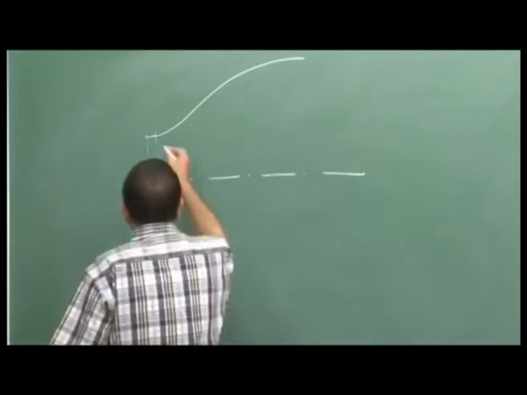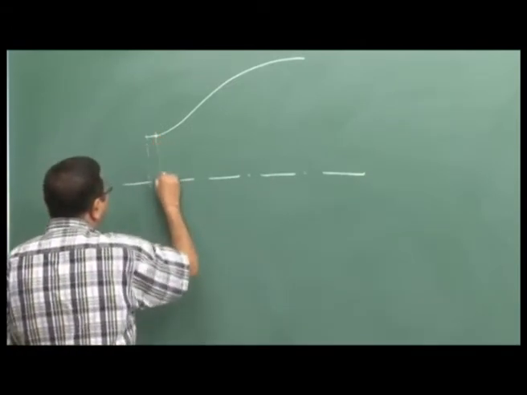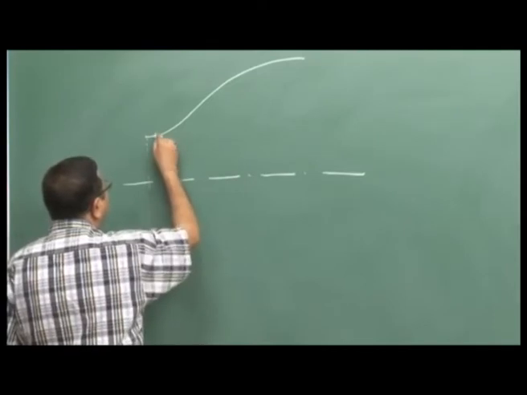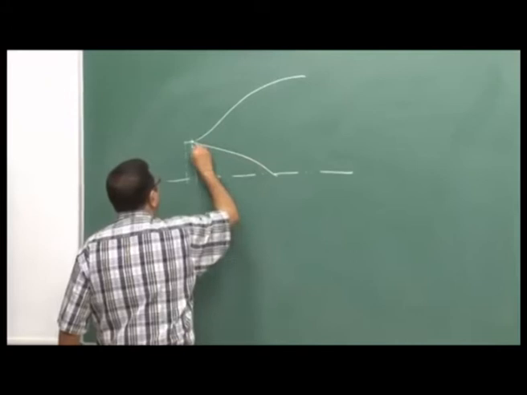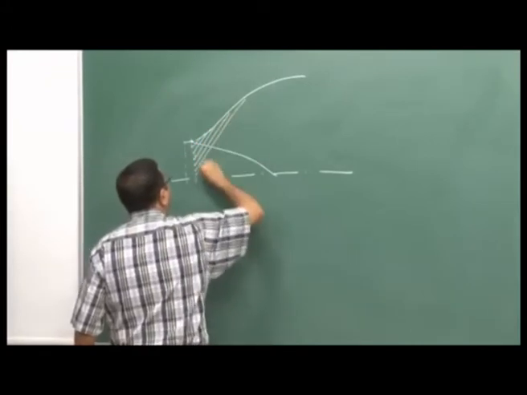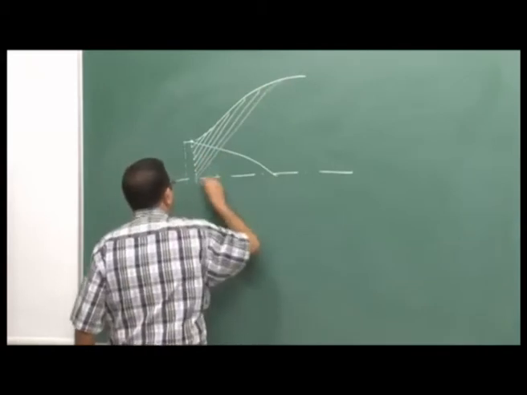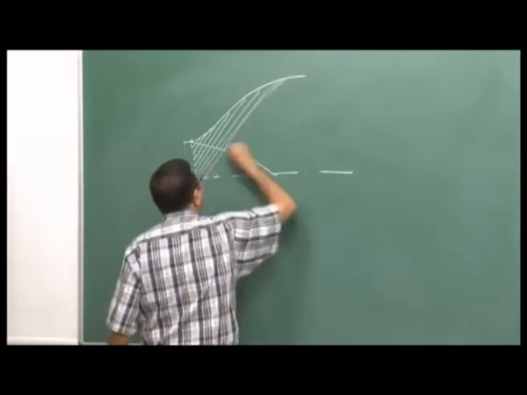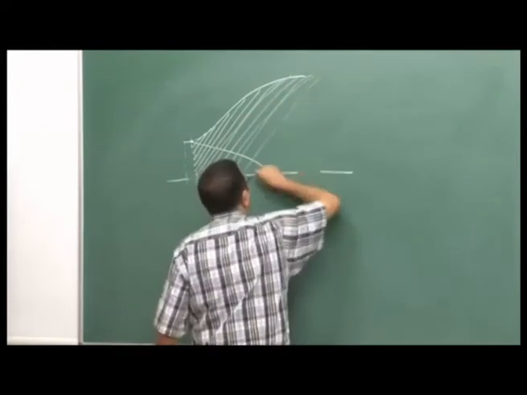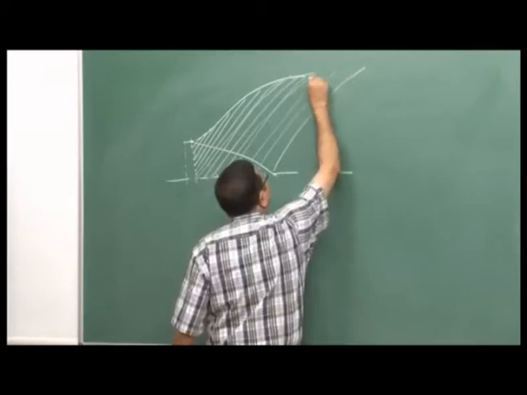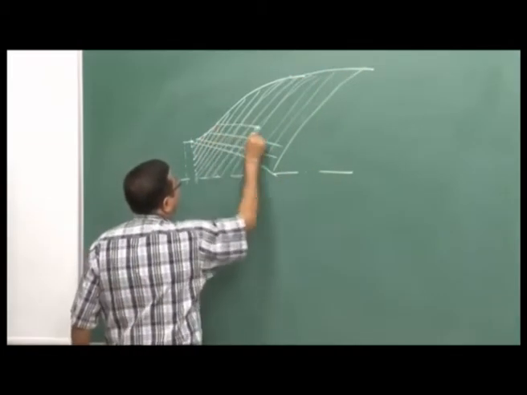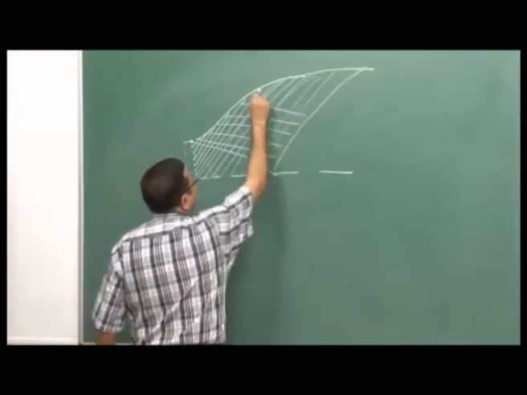After that we make a computational grid consisting of multiple points, and similarly we have the Mach lines emitting from the wall.